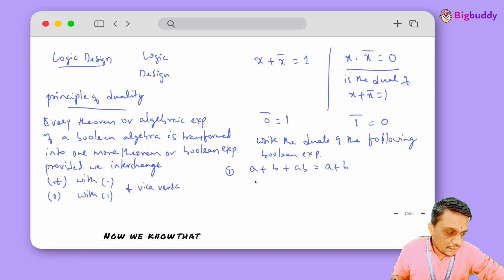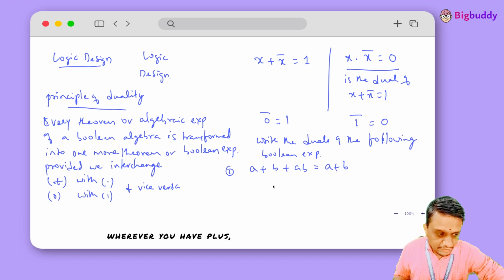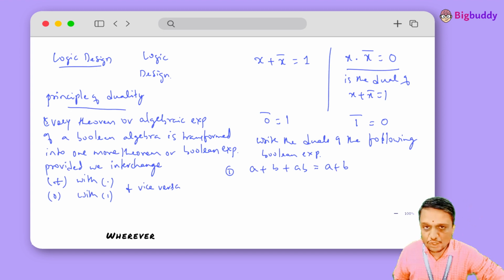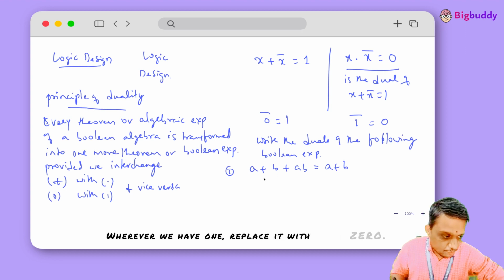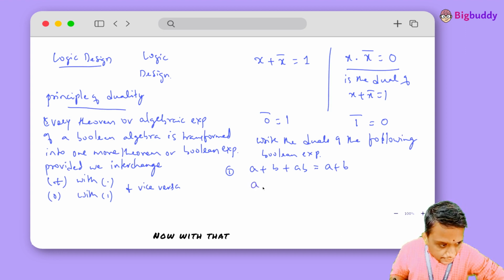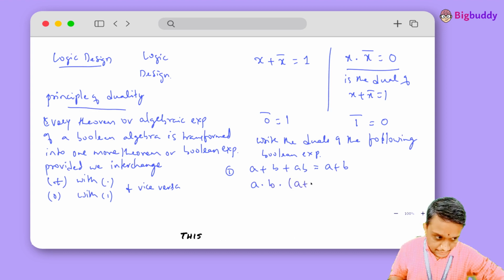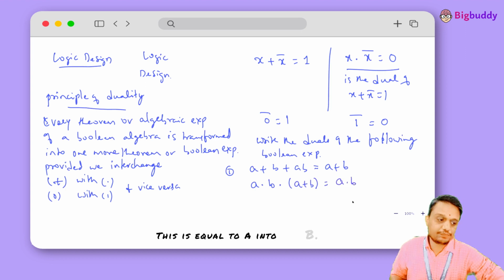now we know that the principle of duality is wherever you have plus, replace it with dot, wherever you have dot, replace it with plus, wherever we have 0, replace it with 1, wherever we have 1, replace it with 0. With that, you have a dot b, and this is a plus b, which is equal to a into b.